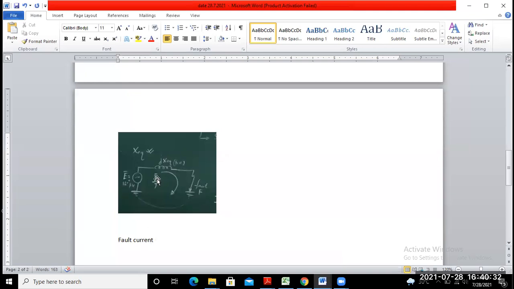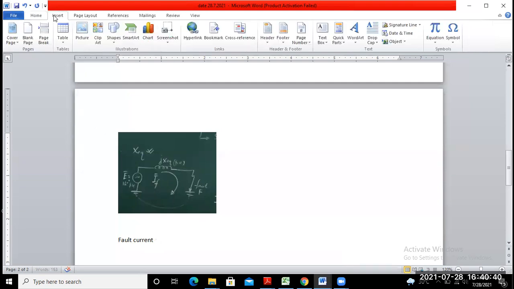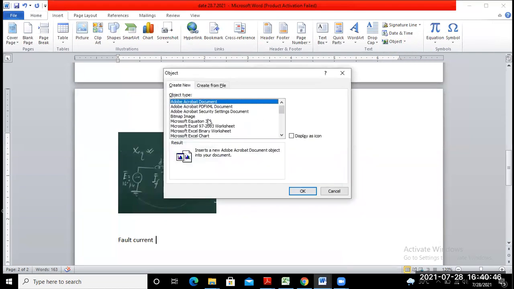So voltage and reactance are given in per unit, that means IF is also in per unit. So just write here the mathematical equation of fault current: IF equal to E divided by JX.